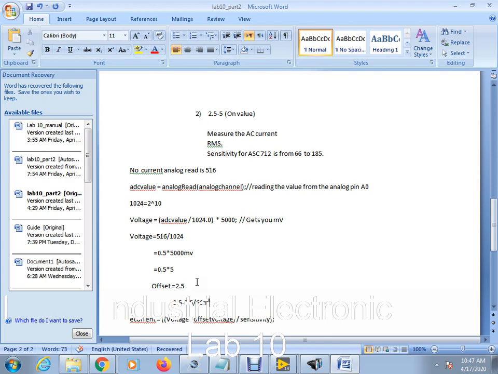So the value is 1.5 divided by 66 milli. The value is 22 ampere. So this is the main concept.